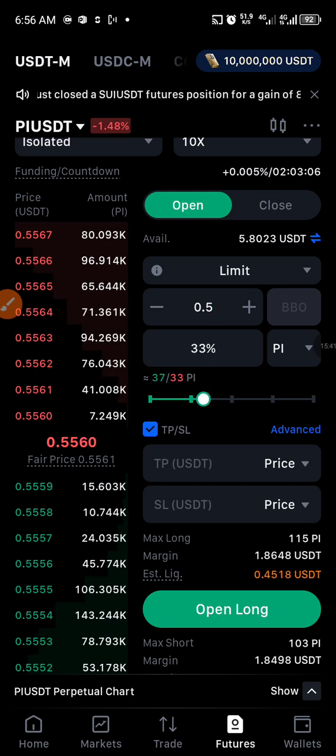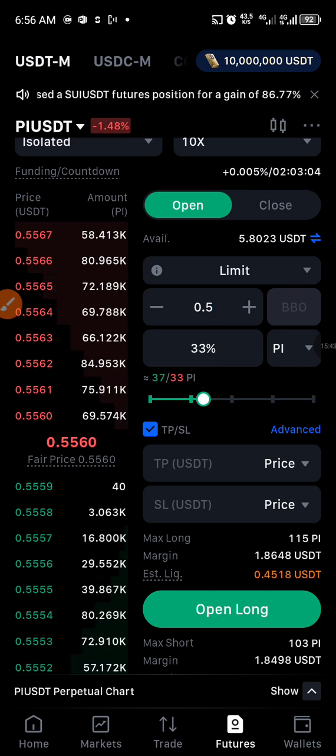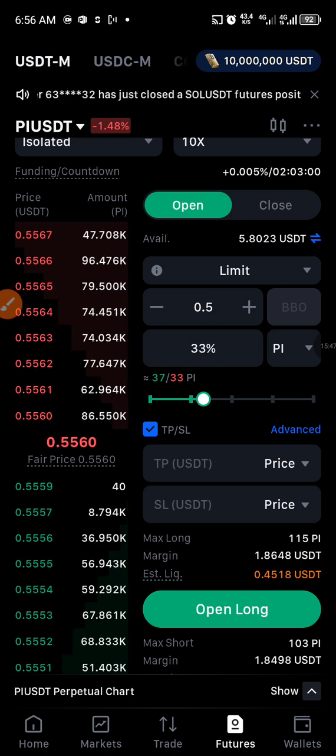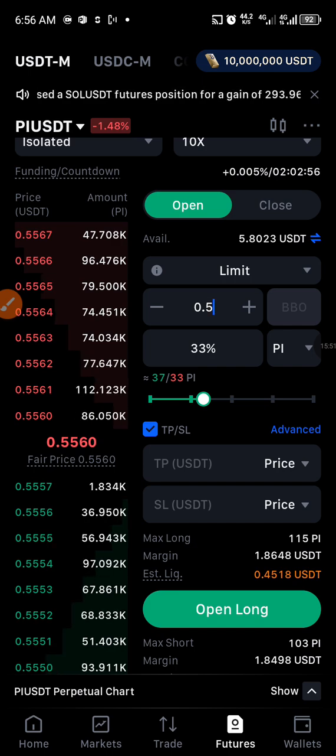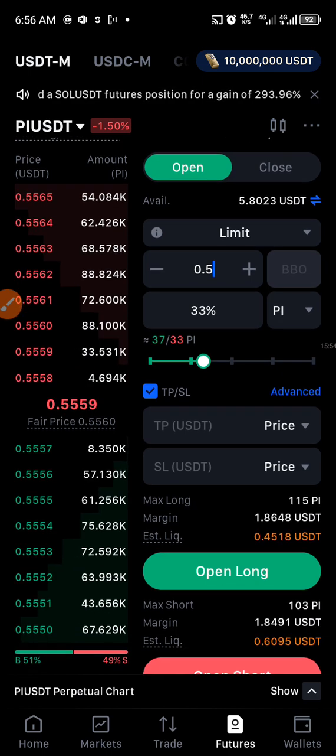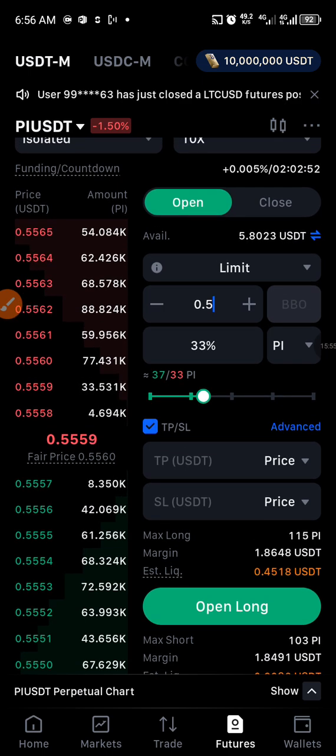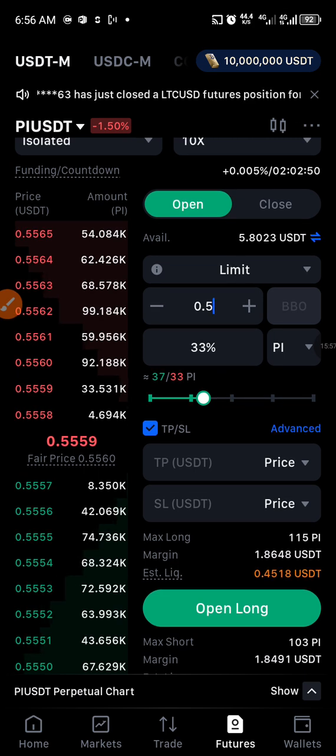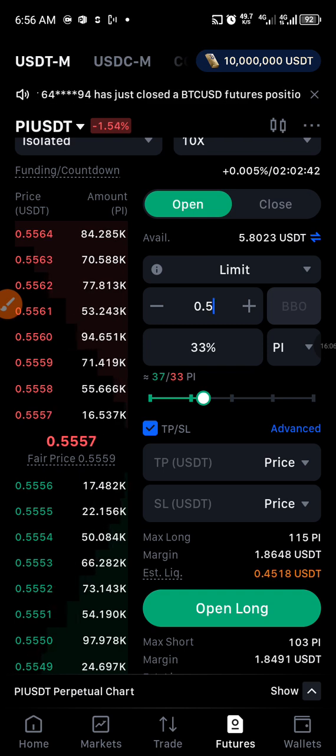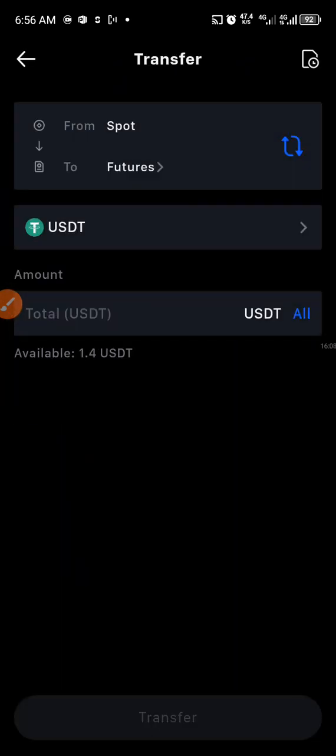You can see on my balance here, I have just 5.8 USDT that I can use to trade. In case you are having USDT on your Mexc Exchange but it is not showing in your available balance here, all you need to do is click on this arrow, and it will go to transfer.